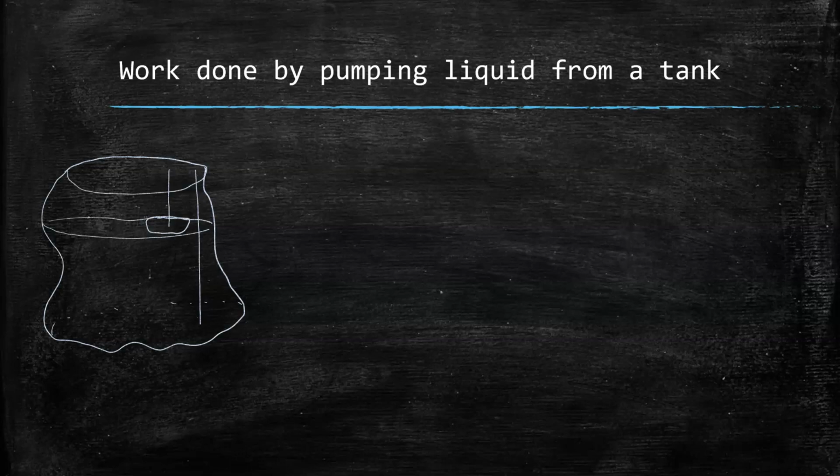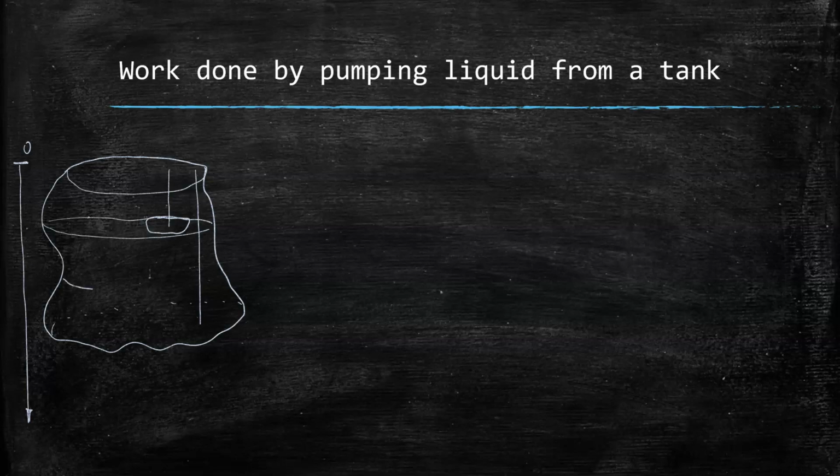The idea is, again, simple, if you know integration. The first thing we're going to do is set up the coordinate system with the origin at the top, and x pointing down. We're going to observe the fact that the pump pumps one layer at a time.